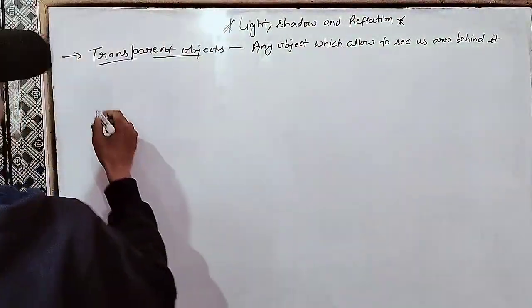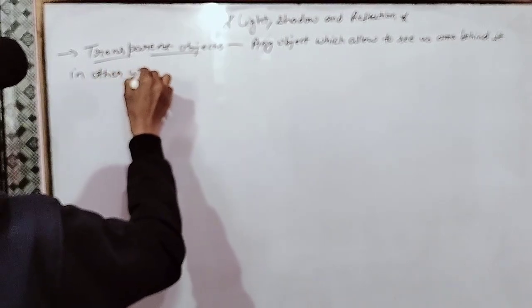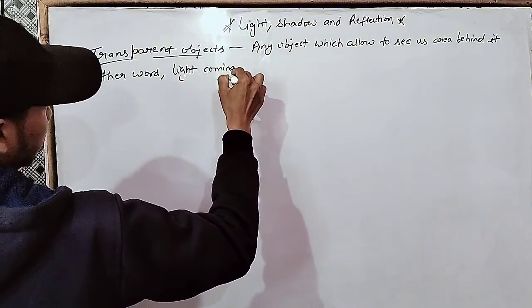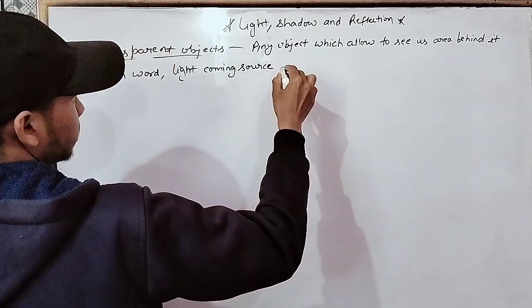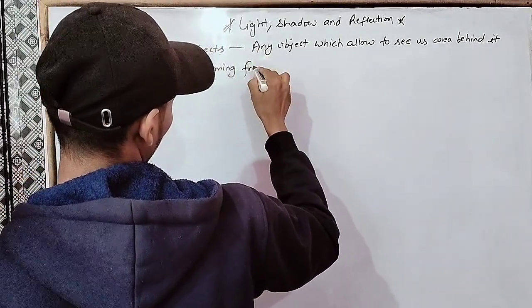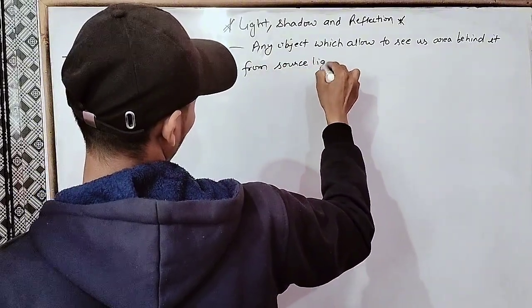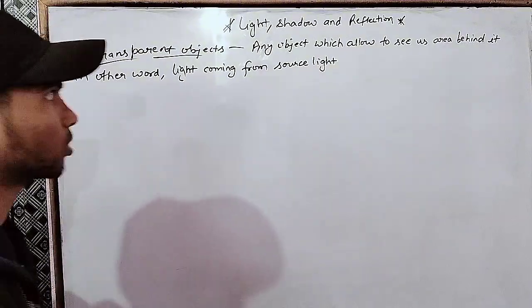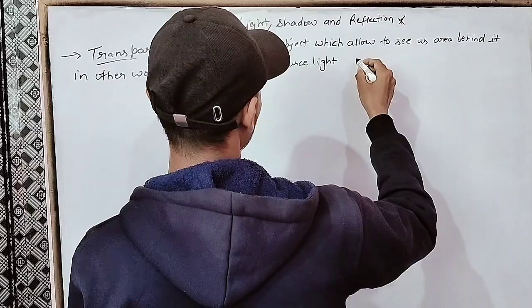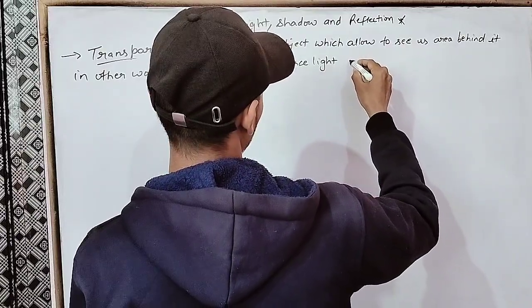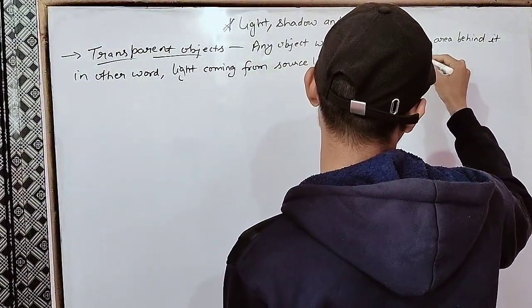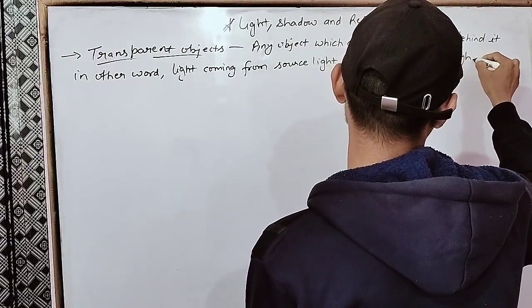In other words, light coming from the source light is able to pass through the object.